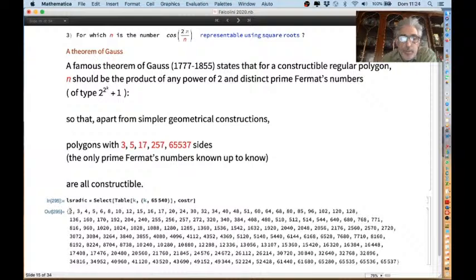If we want to write down a list of all constructible polygons up to this Fermat number, this is the complete list. We see 257 and all the other factorizations with distinct prime Fermat numbers and powers of 2.